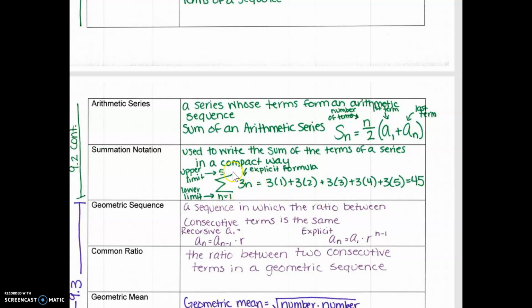And then after the sigma, you're going to see the explicit formula, and you can then find the sum by doing the longhand, where you do the first term, so 3 times 1, the second term, 3 times 2, and so on until the upper limit here, which is 5. And then you would add those all together. Or you can use your formula and only have to know the first term and the last term. So we're going to jump into some examples on how to use these.